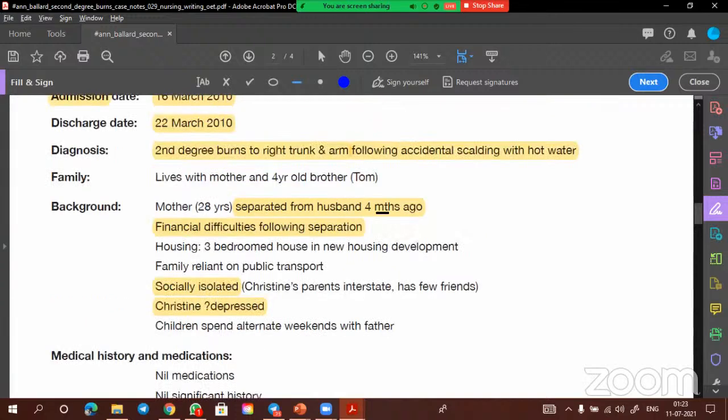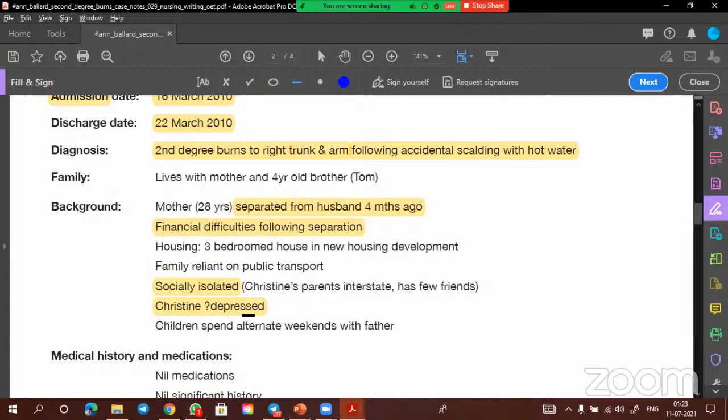Separated from husband four months ago, number one. And now financial difficulties of separation. So now she is isolated from family and the mother is disturbed. Christine Ballard, she is disturbed.